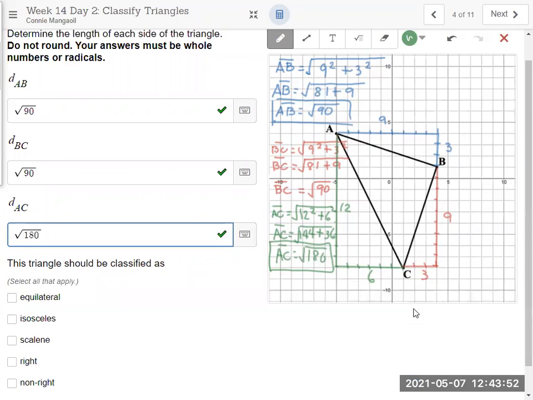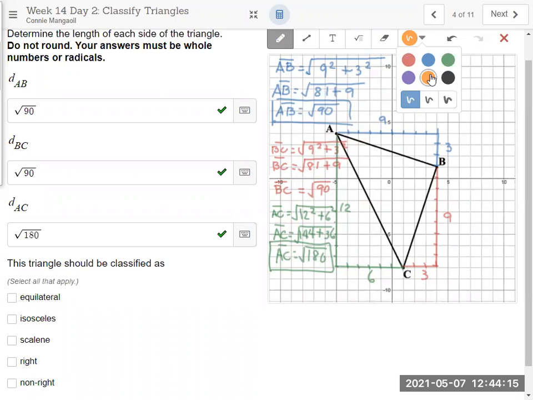All right? Questions? So this is what we did last Tuesday, when we found the distance. But this time we are keeping the radical if it's not a perfect square. So let's look at this. AB is equal to the square root of 90.